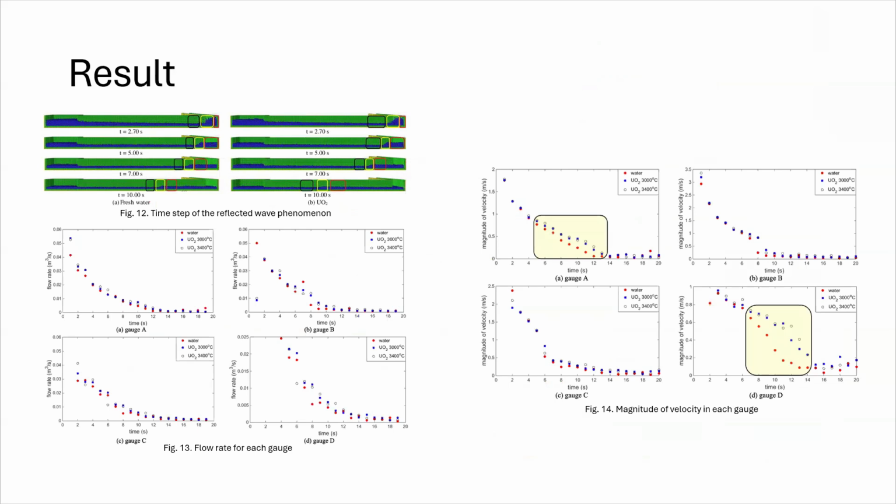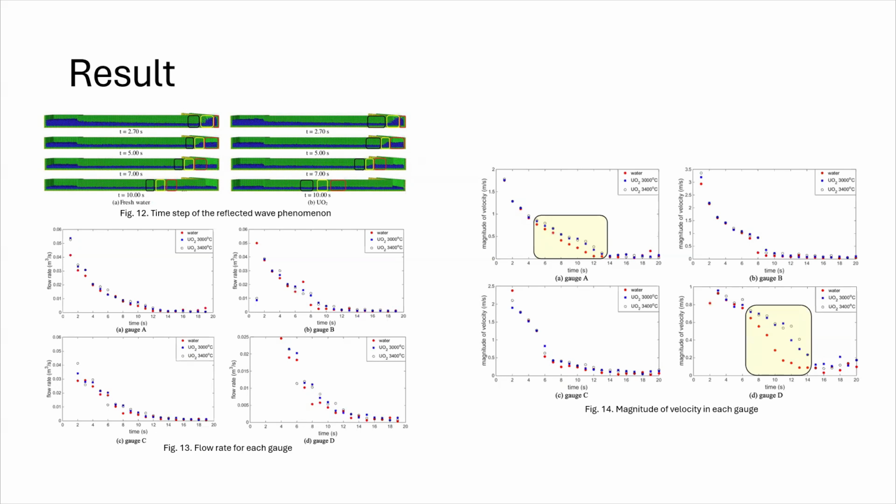This is another result for a time step of the reflected wave phenomenon. We can see that the pattern for freshwater and uranium dioxide is the same. The flow goes to the left and collides with the wall in the band, and then it is reflected.